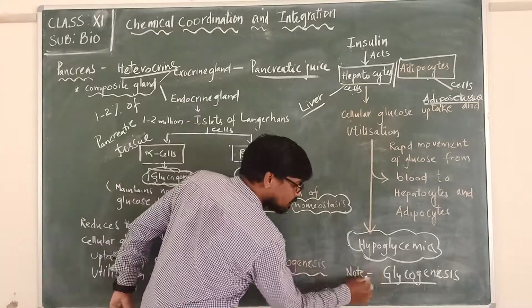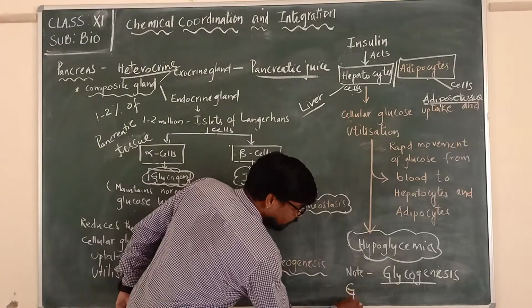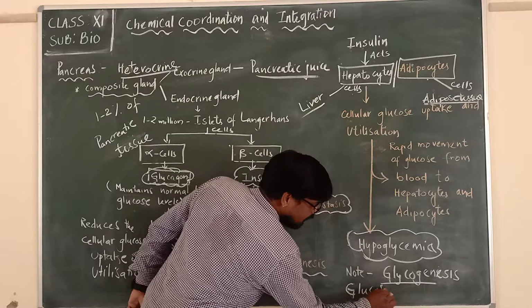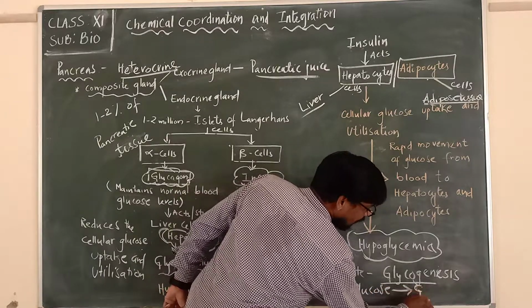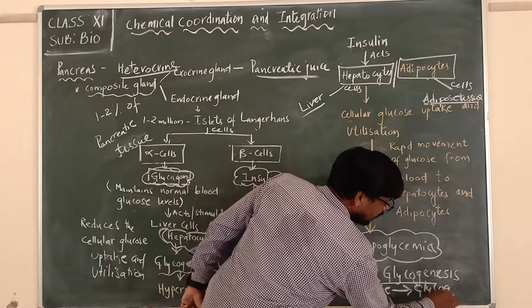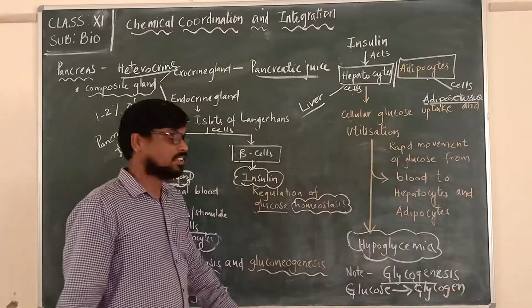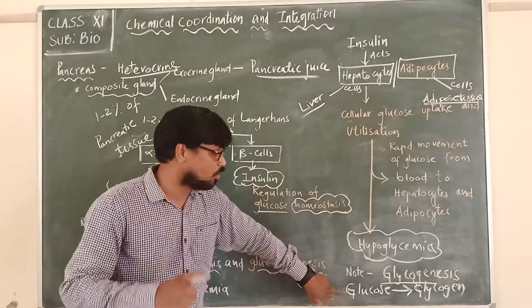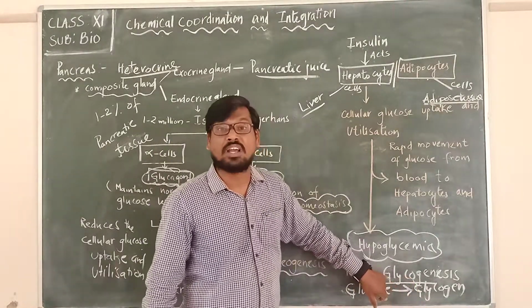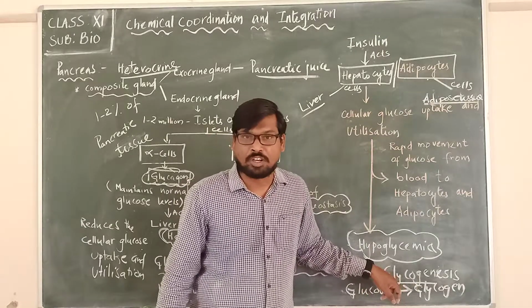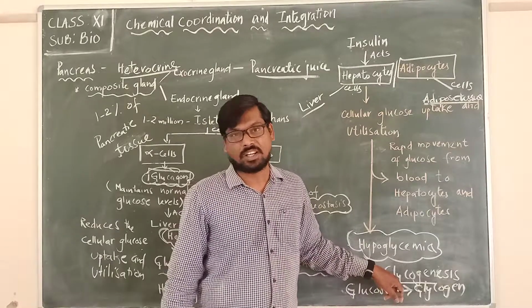Glucose will be converted into glycogen. This process, the conversion of glucose into glycogen, is called glycogenesis.